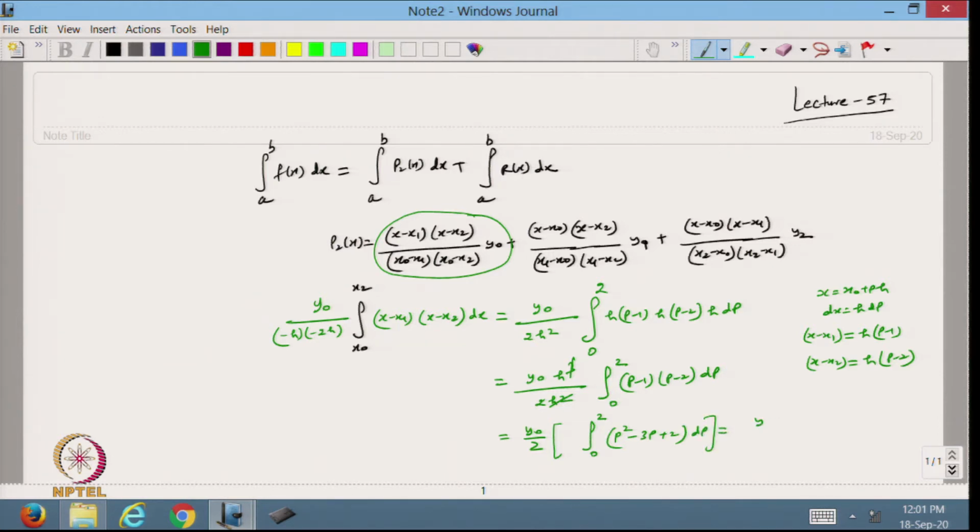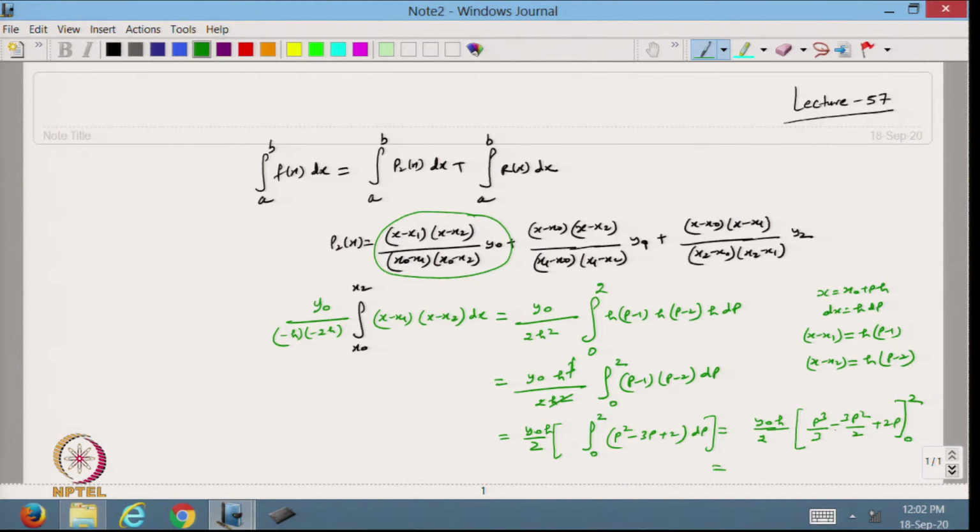This will be equal to y0 by 2 into h, so this h will come, and then I will do the integration of this one. This will be p cube by 3 minus 3p square by 2 plus 2p from 0 to 2.